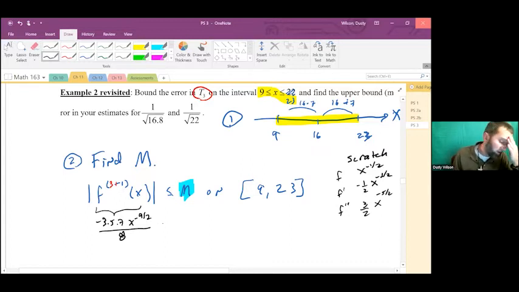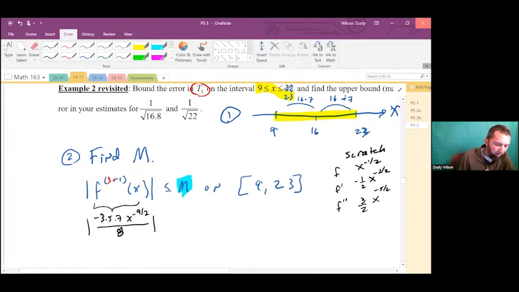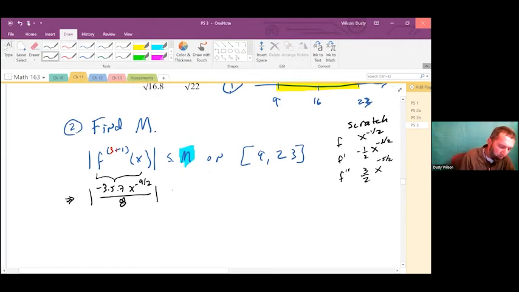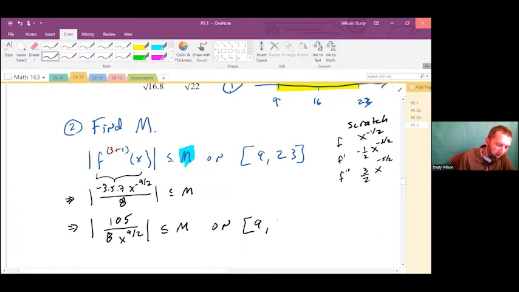And we're looking at the absolute value of this thing, which will be less than or equal to M. The absolute value doesn't matter. 3 times 5 is 15, times 7 is 105. So I have 105 divided by 8 x to the 9/2, all in absolute value, is less than or equal to M. And we're on the interval 9 to 23.